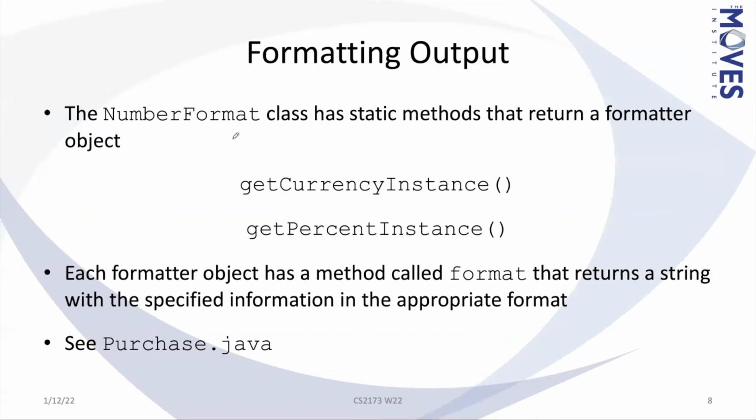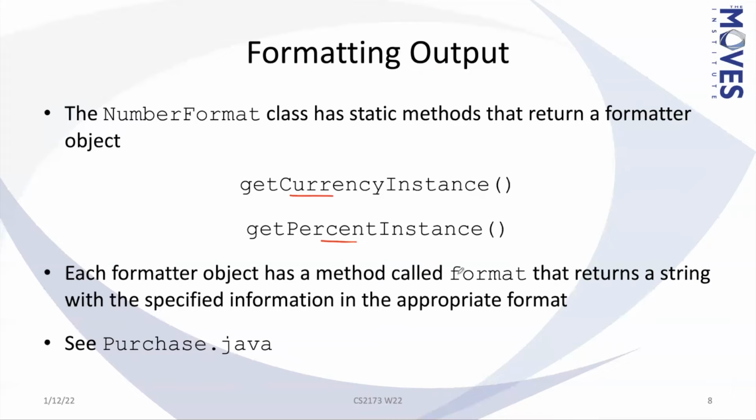So the NumberFormat has some static methods. This is something called a factory approach. You don't have to worry about that term, but again, we've talked about static methods, and it has a couple of static methods that return a formatter object, if we're doing currency or percent.